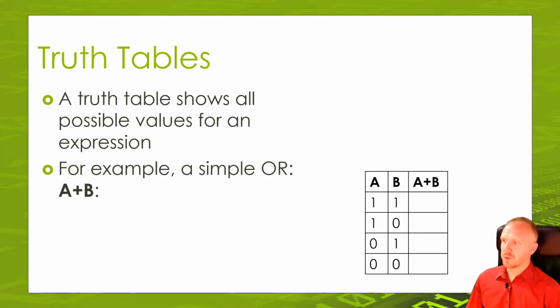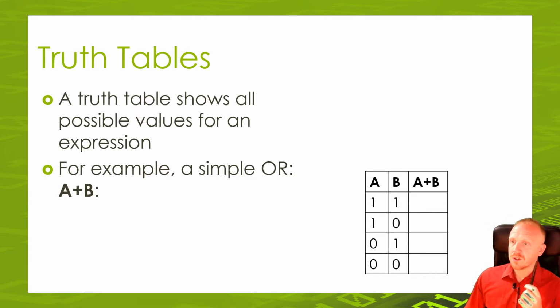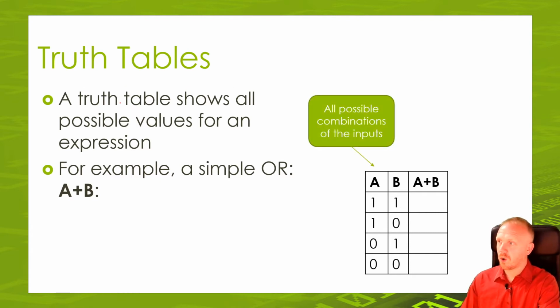The main thing we're doing this lesson, and from this point on we're using that notation, is looking at truth tables. A truth table shows all possible values for an expression. For example, let's look at a truth table for just an OR gate, an OR expression. So A plus B, first of all, we put all possible combinations of the inputs.